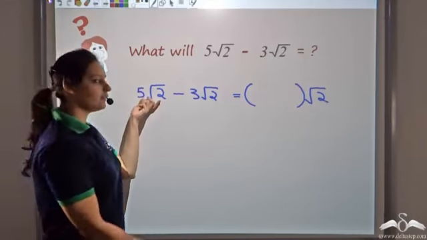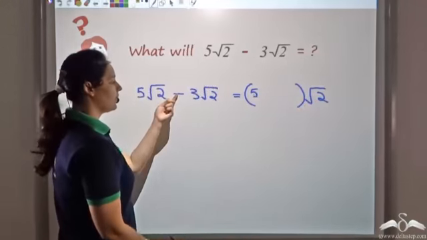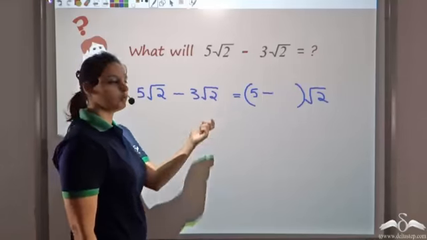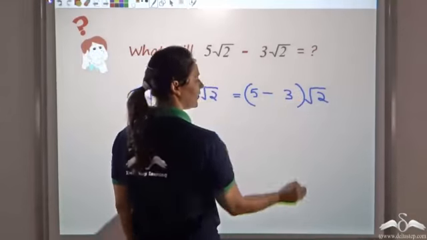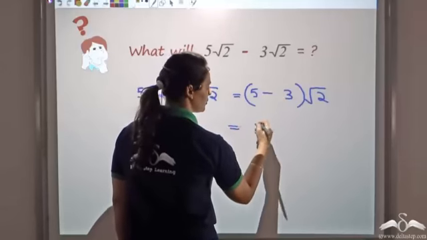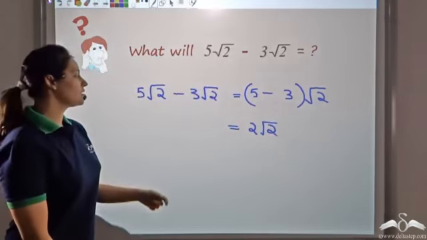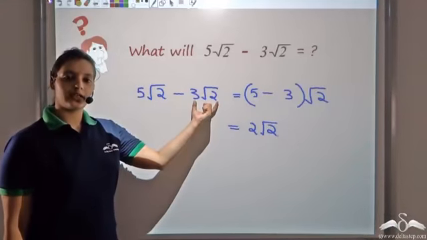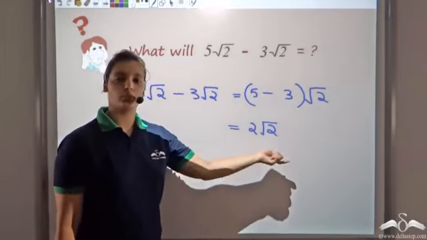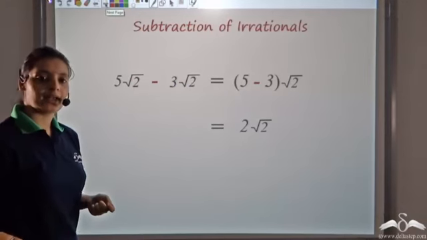From the first term I get 5, because 5 is being multiplied by under root 2, minus 3, which is being multiplied by under root 2. This is what I get, 5 minus 3 if I take under root 2 outside, which is equal to 2 under root 2. So subtracting 3 times under root 2 from 5 times under root 2 gives me 2 times under root 2. So this is how you can subtract irrationals.